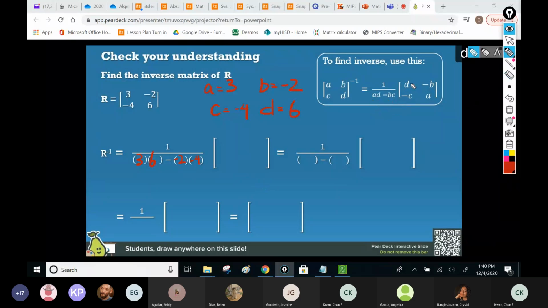And then the matrix is all scrambled. You gotta be careful. D is on the upper left. You need a 6 right here. And then you need a negative B. So you need a negative, negative 2. The two negatives become a positive.